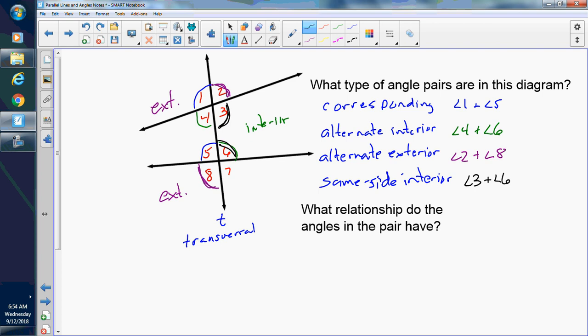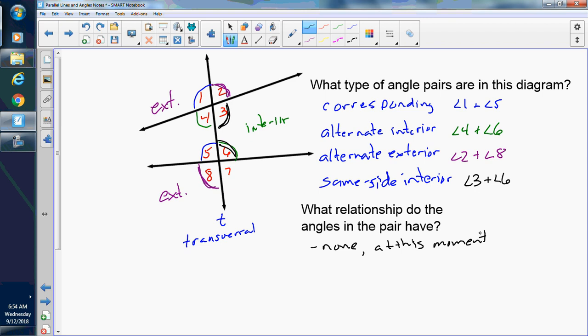Now, as to the question, what relationship do these angles have? Well, unlike vertical angles that will always be congruent, and linear pairs that will always be supplementary, these have none at this moment.